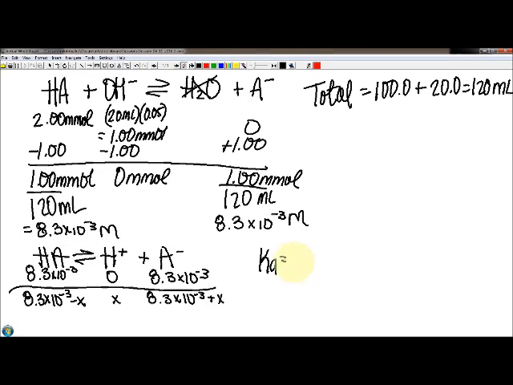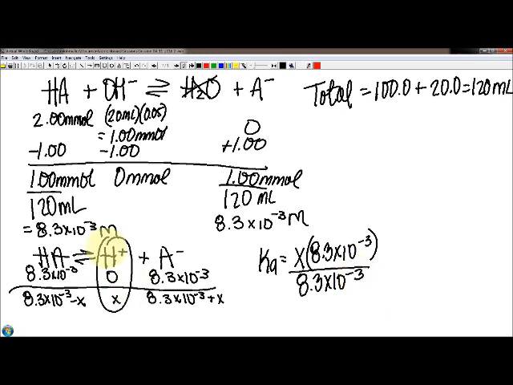To know what X is so that we can solve for our Ka: X is the concentration of H plus at this point. And if we are given that the pH is equal to 6, we can solve for the H plus concentration by taking the antilog.